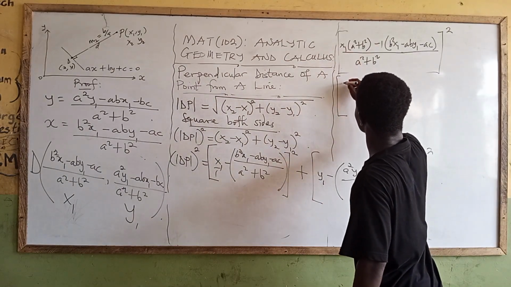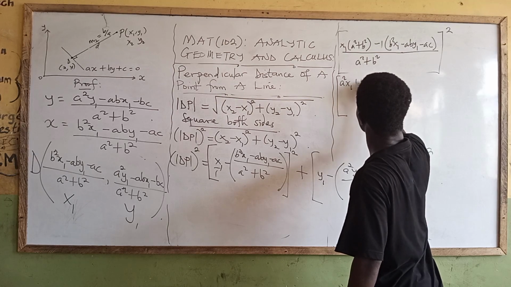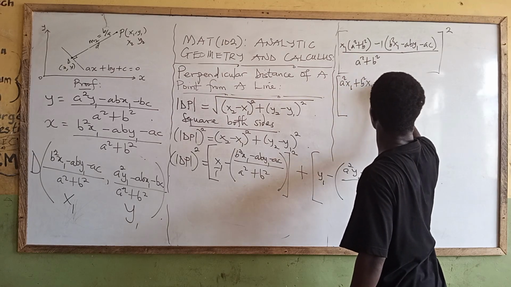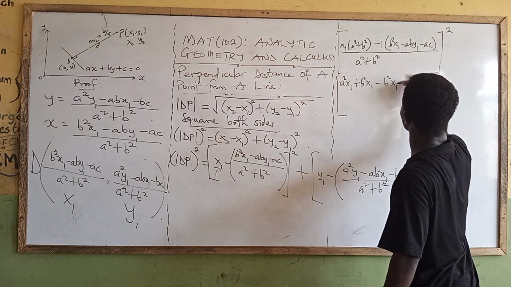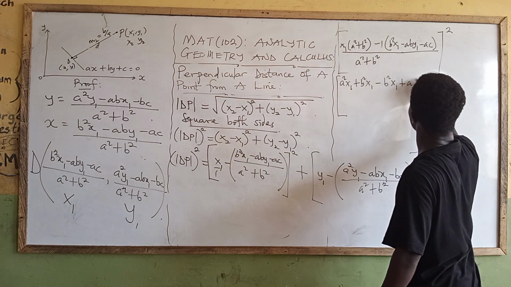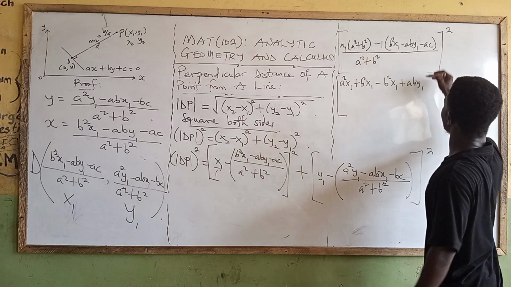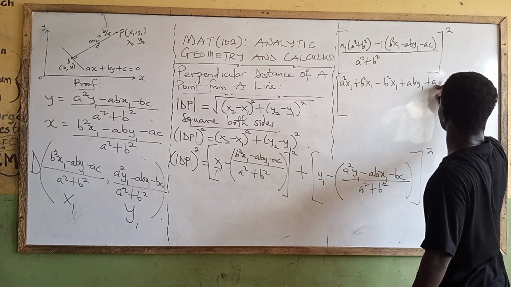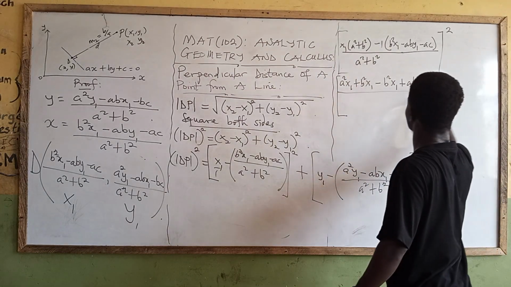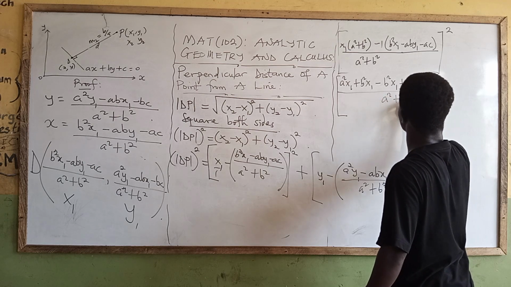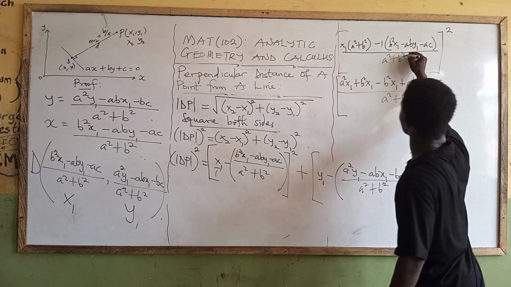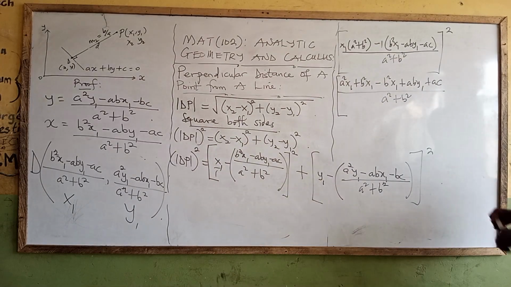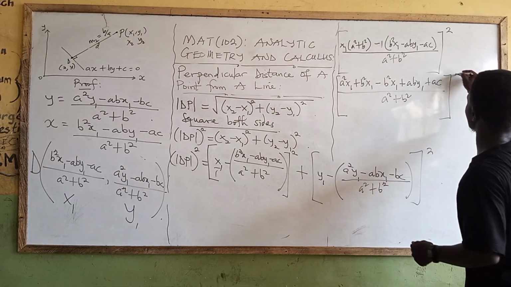So we expand, we get a squared x1 plus b squared x1 minus b squared x1, then plus aby1, then plus ac all divided by a squared plus b squared, all squared.